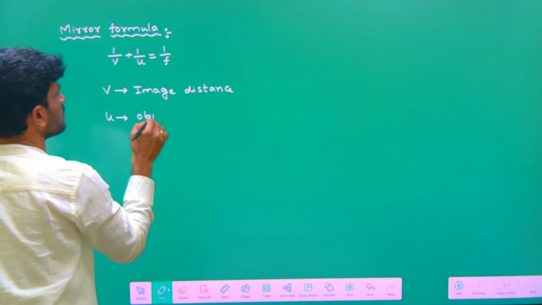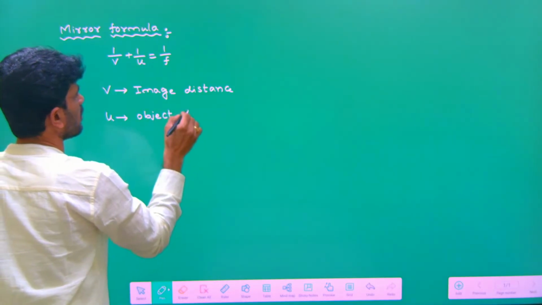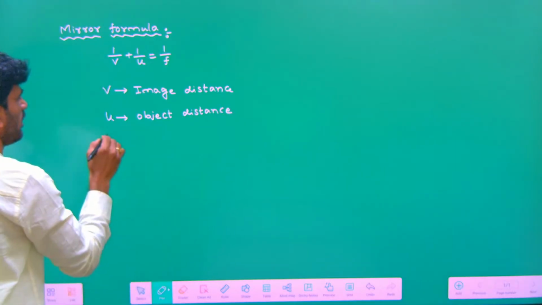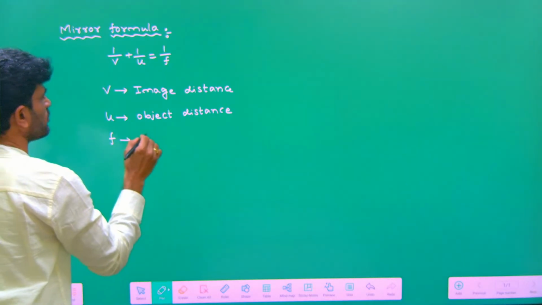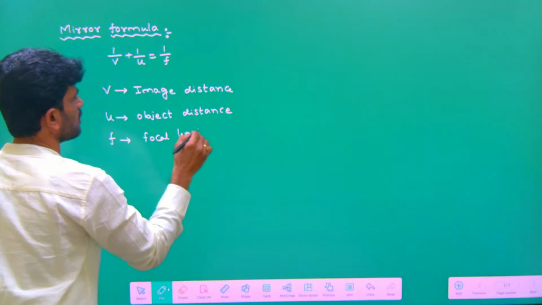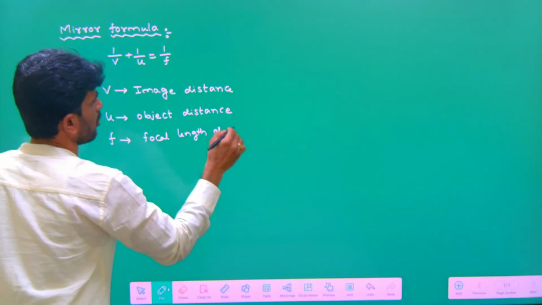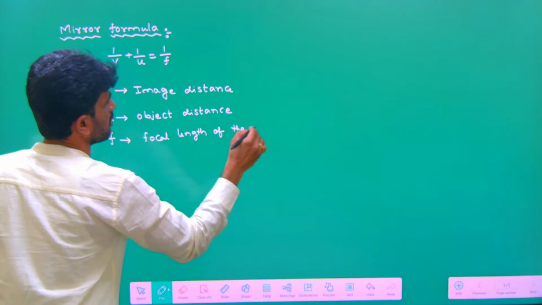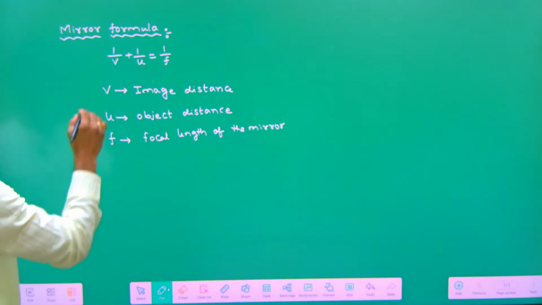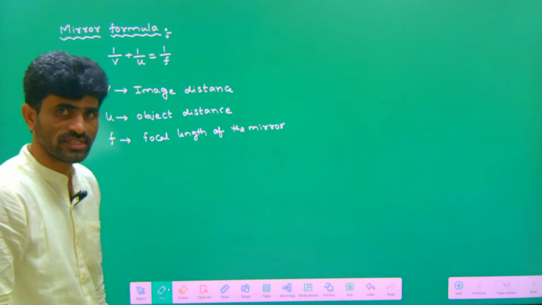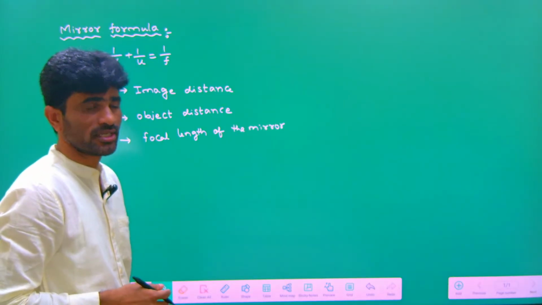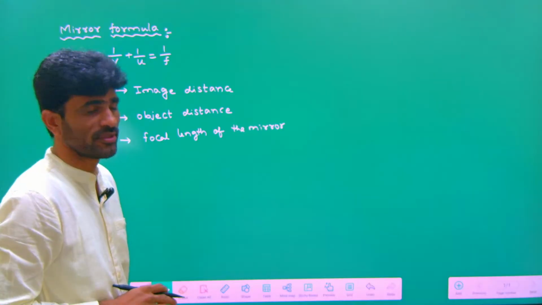Object distance. u is object distance and f is the focal length of the mirror. So 1 by v plus 1 by u is equal to 1 by f is the mirror formula. In that, v means image distance, u is object distance, and f is focal length of the mirror.